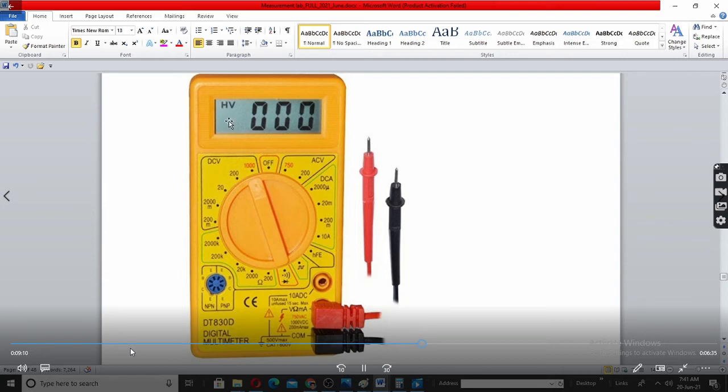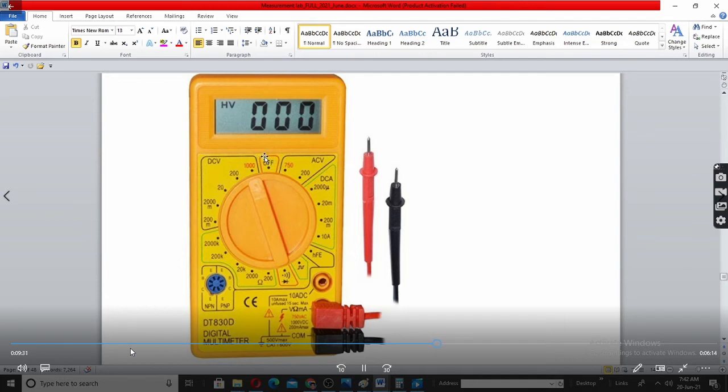Digit 1 to the left means out of range. So you can check diodes, whether the diode is okay or faulty, healthy or faulty.